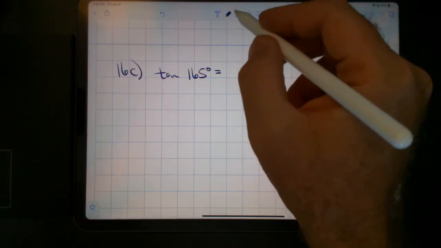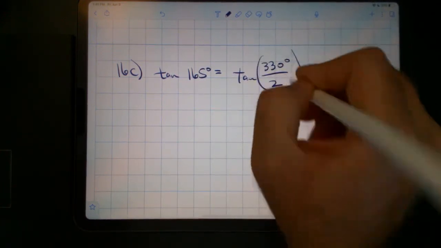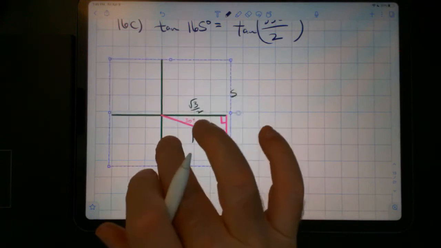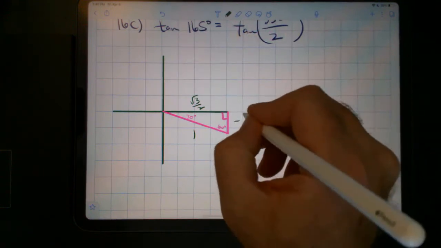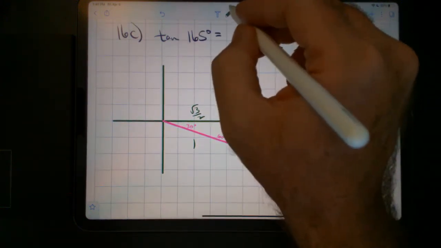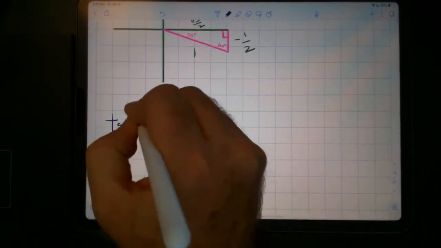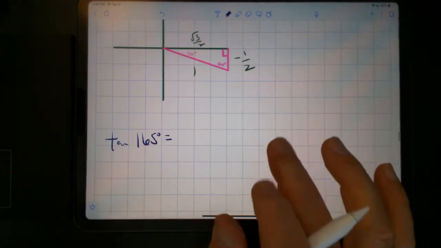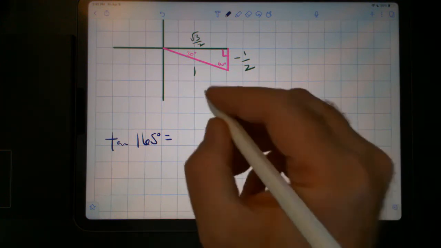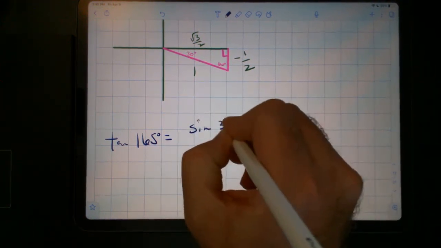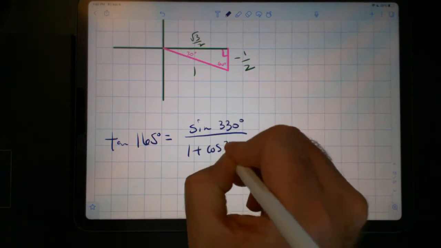Tangent. So this is going to be tangent of 330 degrees divided by 2. Let's go ahead and use the same triangle, so that tangent of 165 degrees. So let's go with sine of 330 degrees divided by 1 plus cosine of 330 degrees.